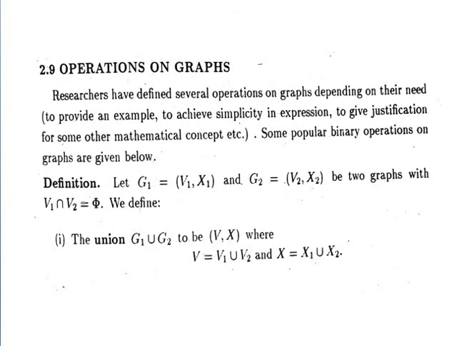We have a number of operations using two graphs. Let G1 equal to (V1, X1) and G2 equal to (V2, X2) be two graphs with V1 intersection V2 not equal to the null set. So we consider two different graphs G1 and G2. Then the union of these two graphs, G1 union G2, is (V, X), where V equal to V1 union V2 and X is equal to X1 union X2.